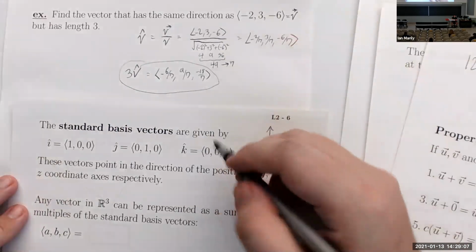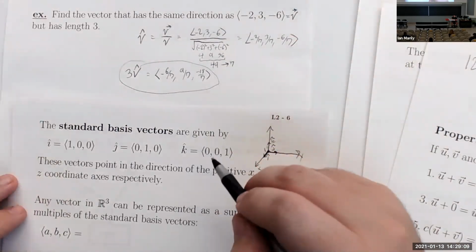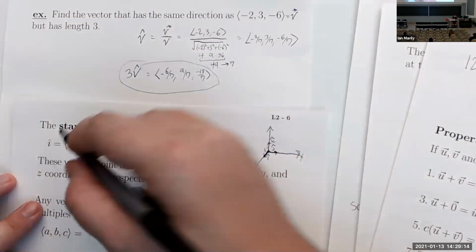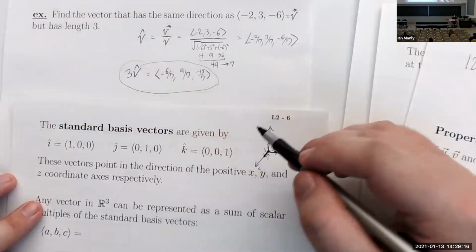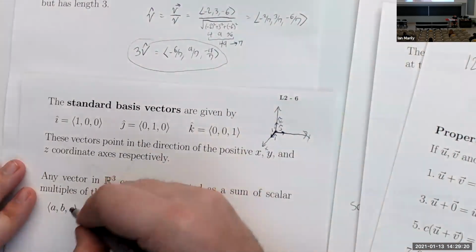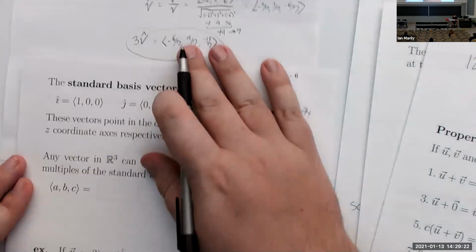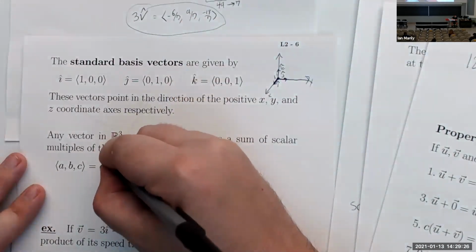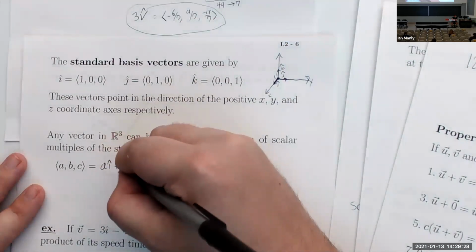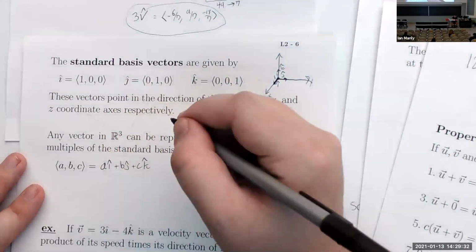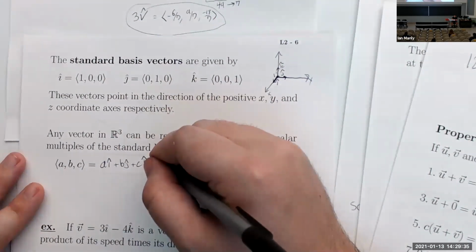All right, now, because of this, what you can do is you can write any position vector you want in terms of this i, j, and k, at least in 3-dimensional space here. So say, for example, I want to express the point a, b, c, then I would write that as a times i hat plus b times j hat, and then plus c times k hat.